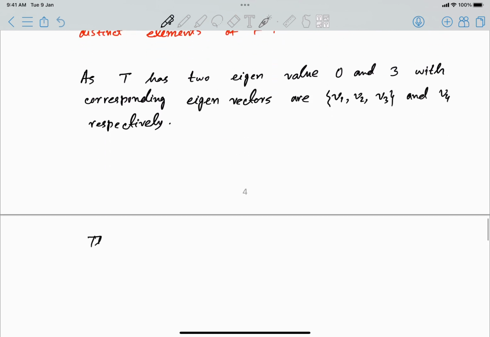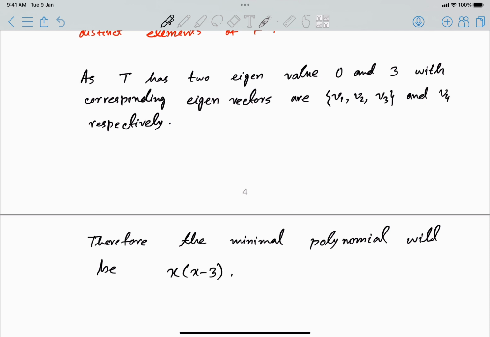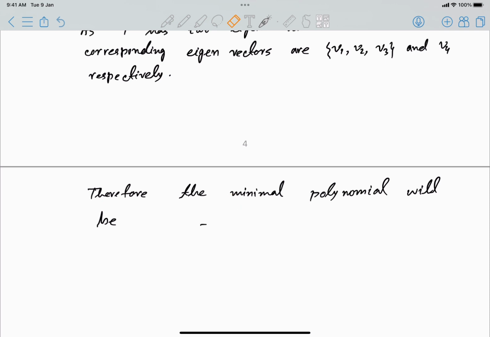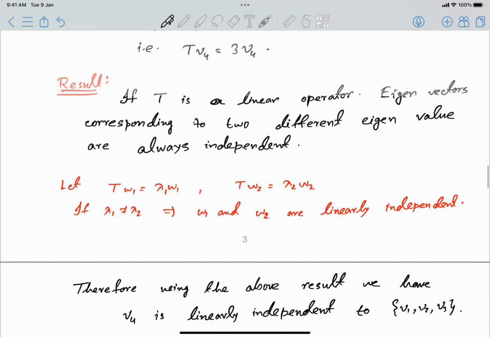So P(x) equals (x minus 0) corresponding to eigenvalue 0, and (x minus 3), because it cannot have more power, since it is a product of linear factors. Therefore the minimal polynomial for the linear transformation T is x(x minus 3).